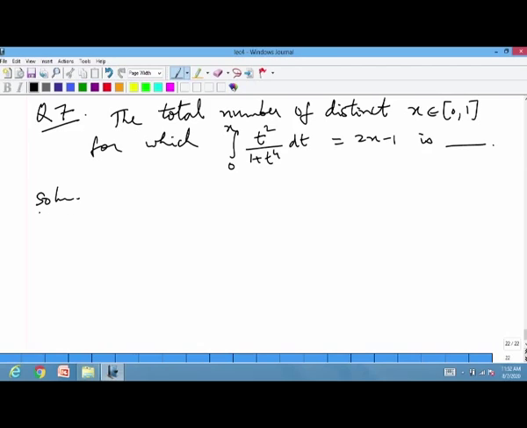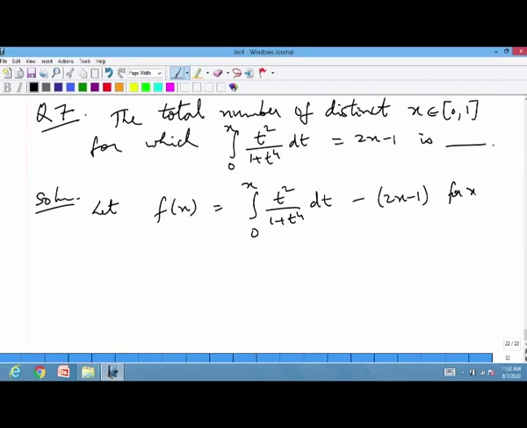So, let us write f(x) equal to the integral of 0 to x of t square by 1 plus t to the 4 dt minus (2x minus 1), for x belonging to [0, 1].